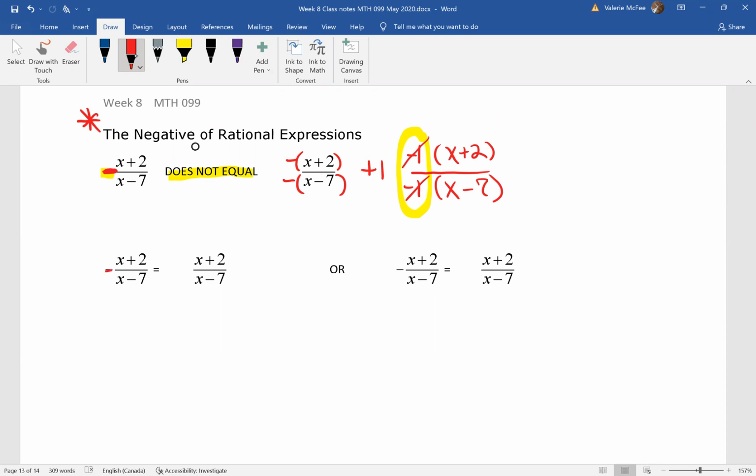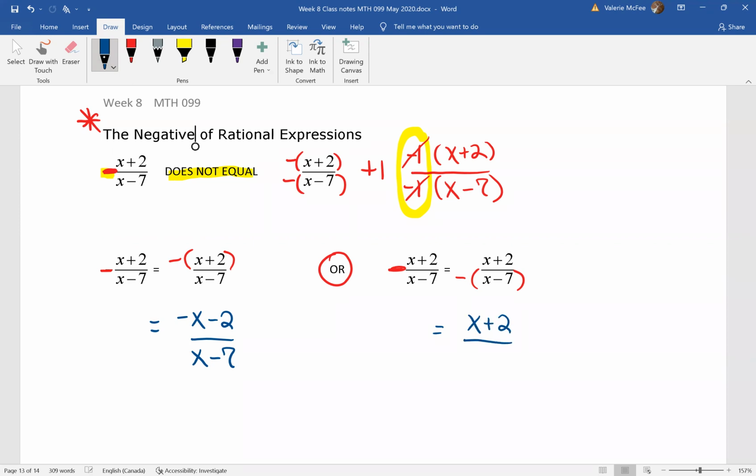So when there is a negative sign outside of a rational expression, it means that the numerator is negative, or it means the denominator is negative. Not both. So that means I could write this as negative x minus 2 all over x minus 7, or I could write it as x plus 2 over negative x plus 7.